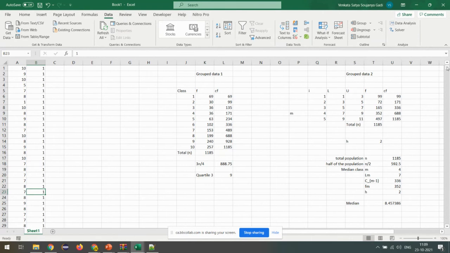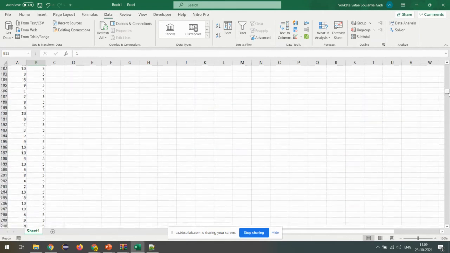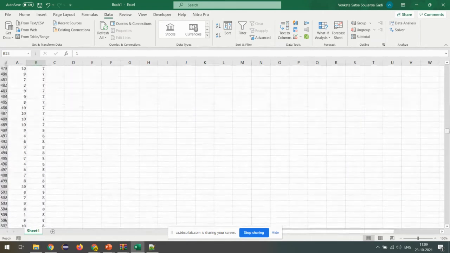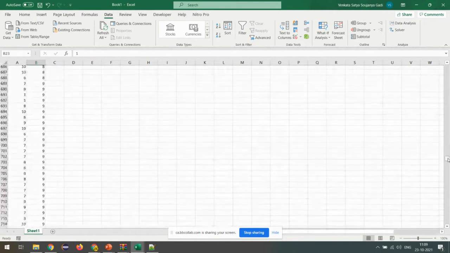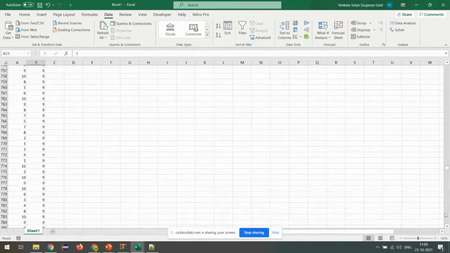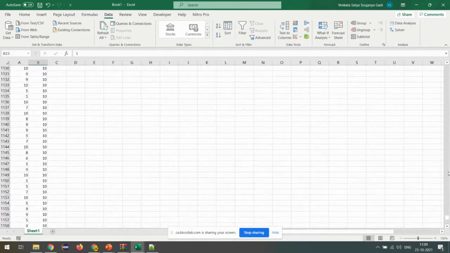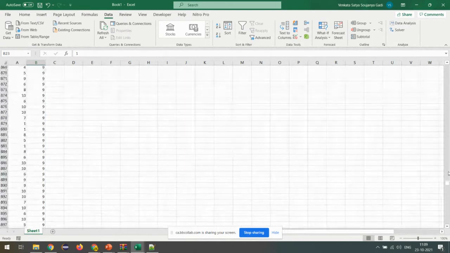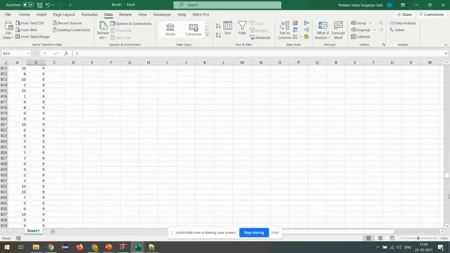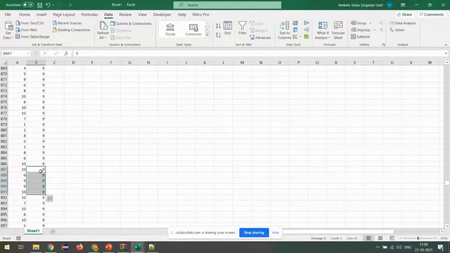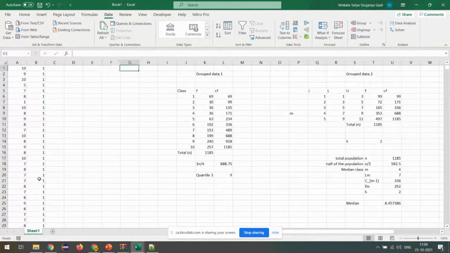So we go to 888. Somewhere here, we can see this whole range is 9. So he is giving 9. The rating is 9. So the third quartile is 9.